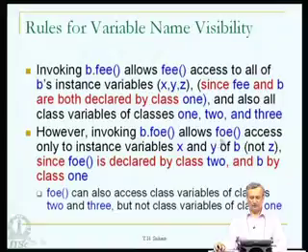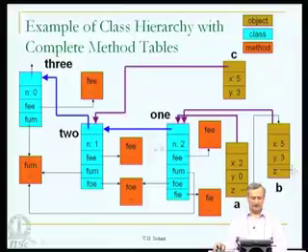Invoking B dot fo allows fo access only to instance variables x and y of B. It does not allow access to z, because it never knew that there is something called z. Z actually belongs to class 1, whose instances are the objects we create, whereas this fo belongs to class 2.